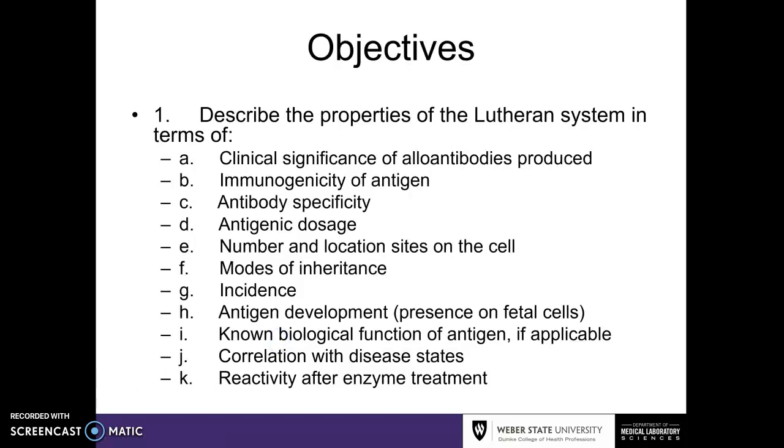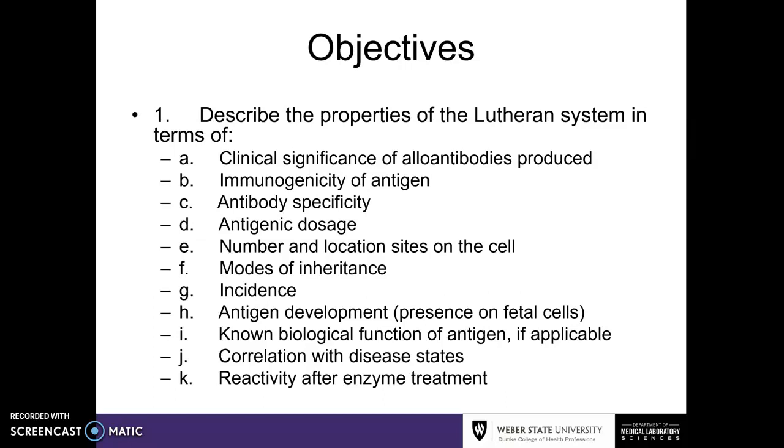So first, at the end of this lecture, we would like you to be able to describe the clinical significance of Lutheran alloantibodies, the immunogenicity of the Lutheran antigens, as well as the antibody specificity, whether or not the Lutheran system experiences dosage, where on the cell the Lutheran antigens are located, and the modes of inheritance of the different Lutheran phenotypes.